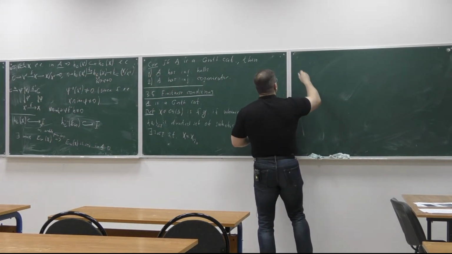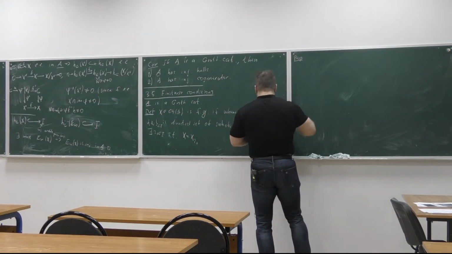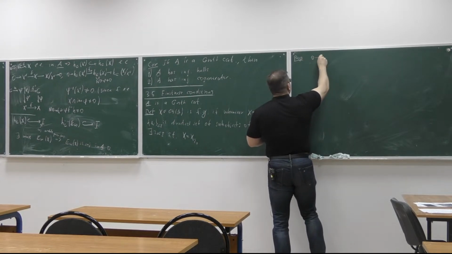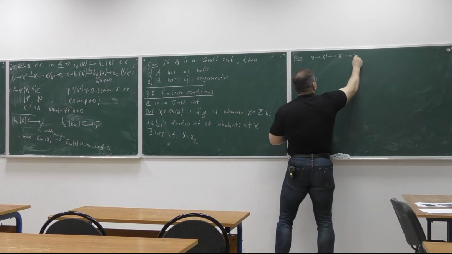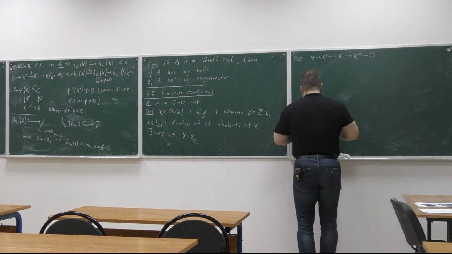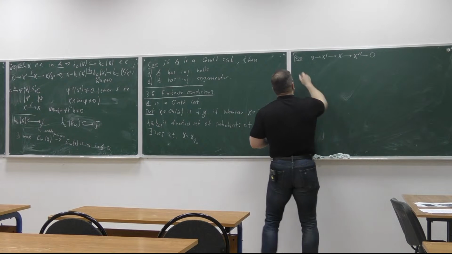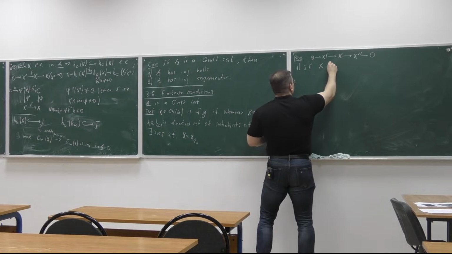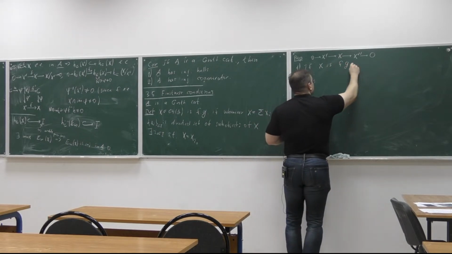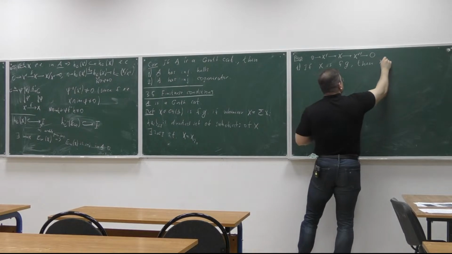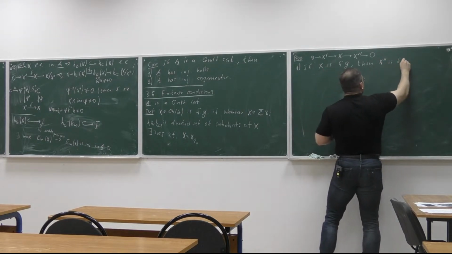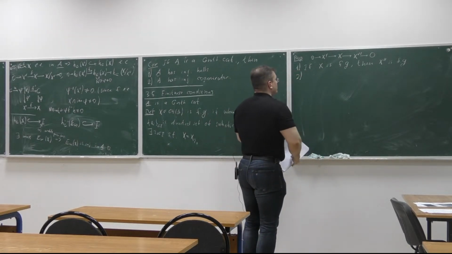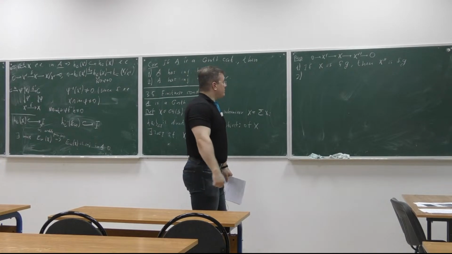Okay, so first proposition about finitely generated modules. Suppose we have a short exact sequence. Then two observations. If X is finitely generated, then X double prime is finitely generated. You know this for modules: the quotient of a finitely generated module is finitely generated.